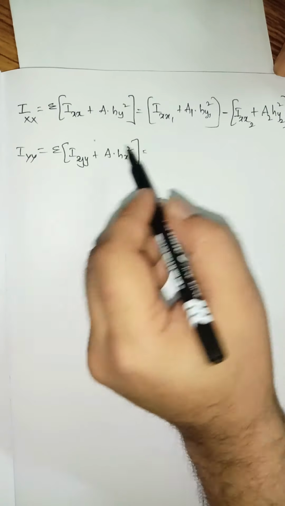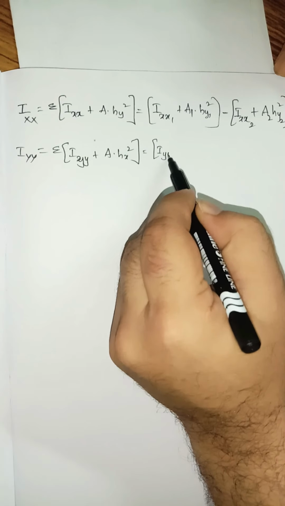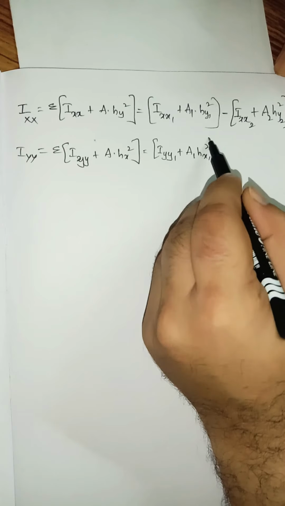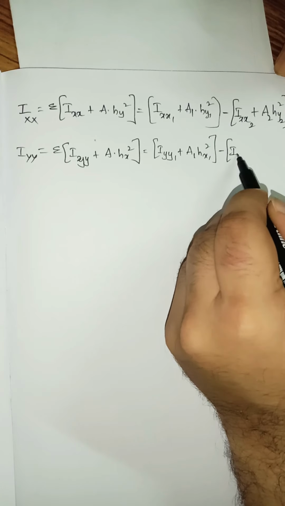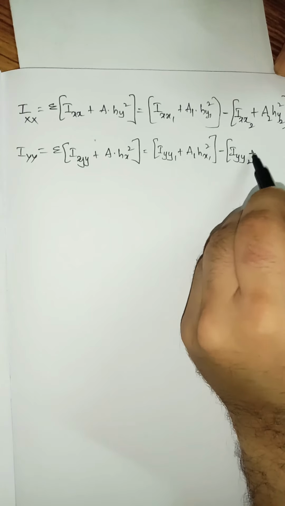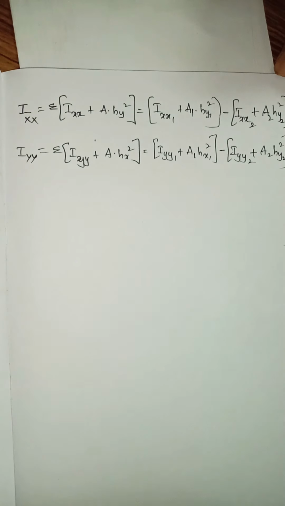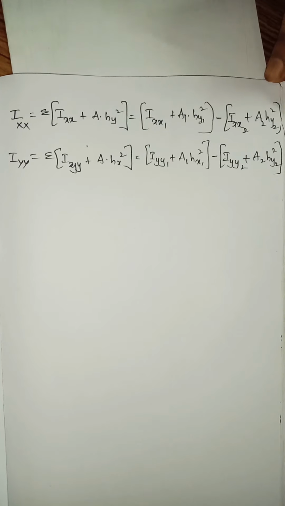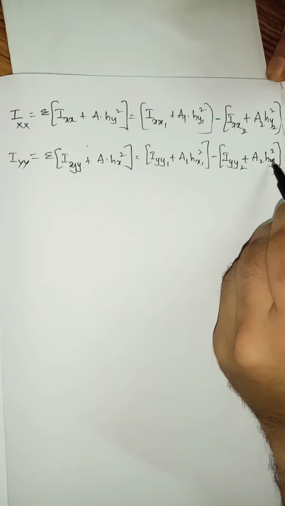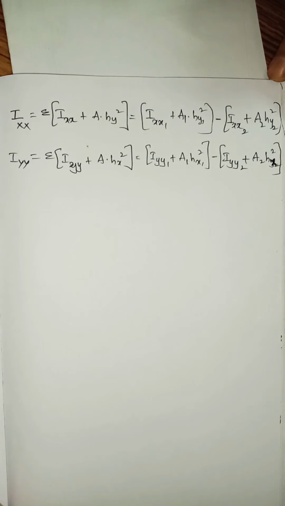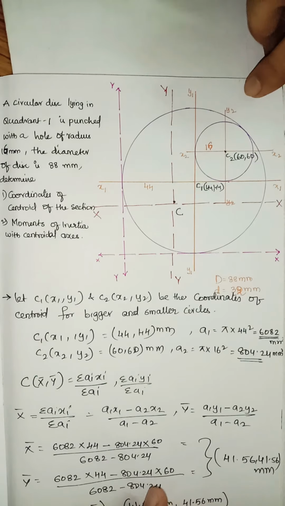Now expanding the formula for Iyy, here we have Iyy1 plus A1 multiplied by hx1 square minus Iyy2 plus A2 multiplied by hx2 square. Now here hy1, hy2, hx1 and hx2 are the distances between the centroidal axis and the reference axis which is given to us.